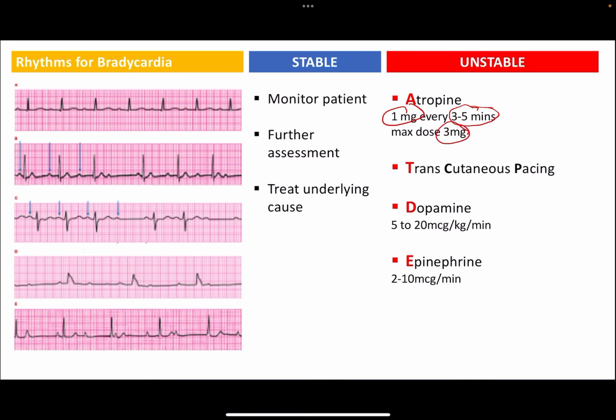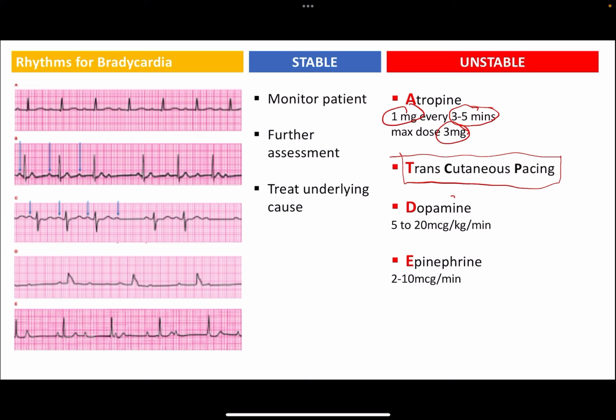And or you can also start TCP, or transcutaneous pacing. We will use our LifePak 15 or the Zoll unit in the training center to simulate transcutaneous pacing. And if it's not working, now you can proceed with dopamine or epinephrine infusion.